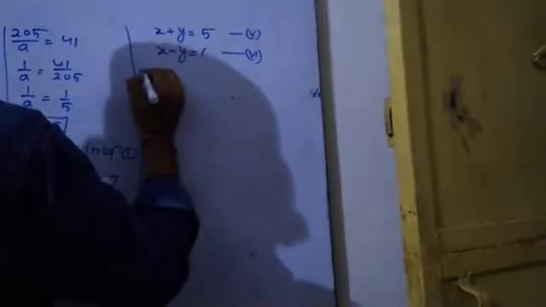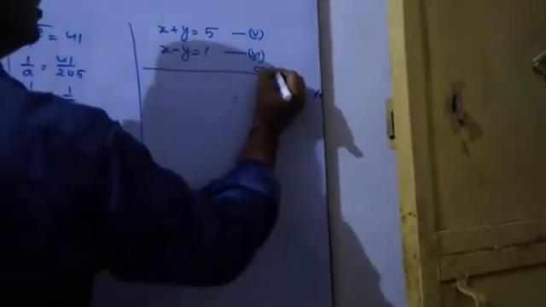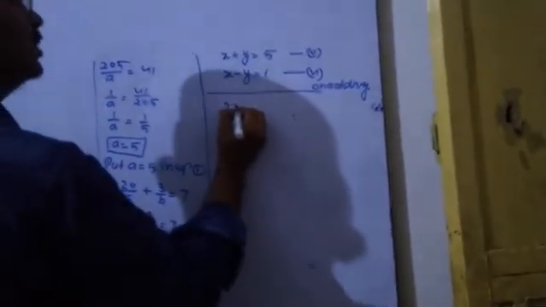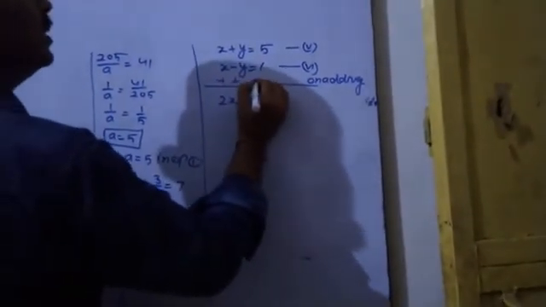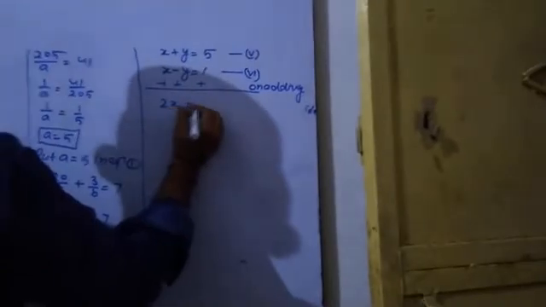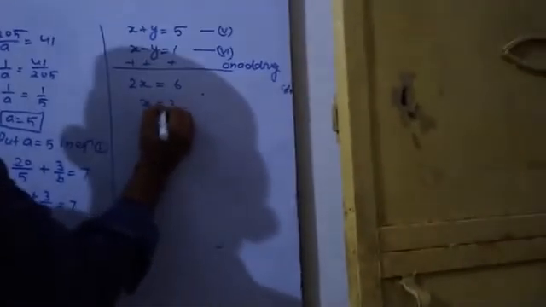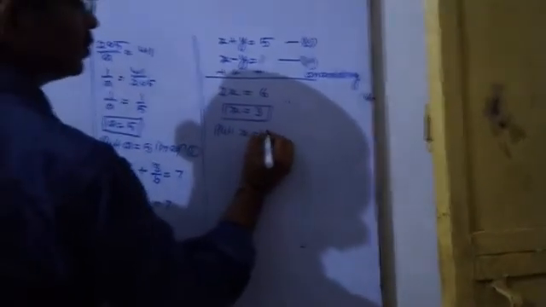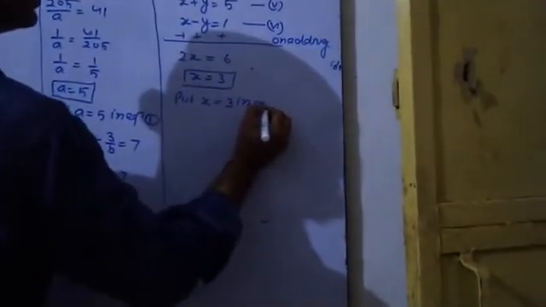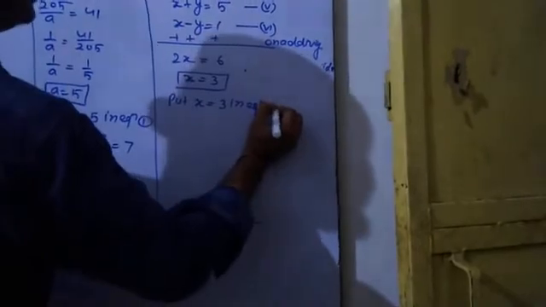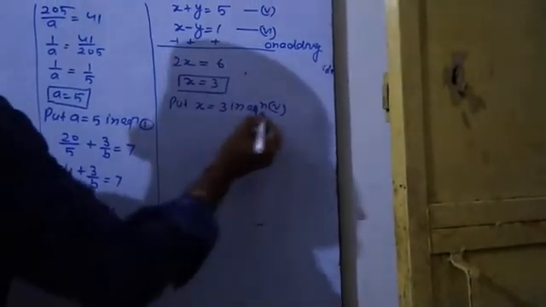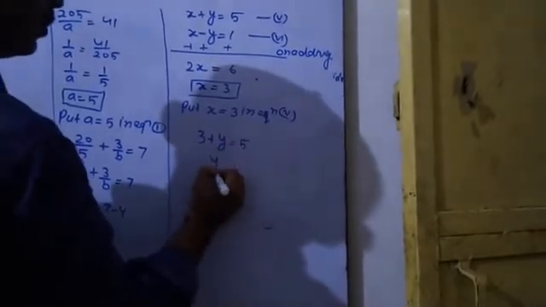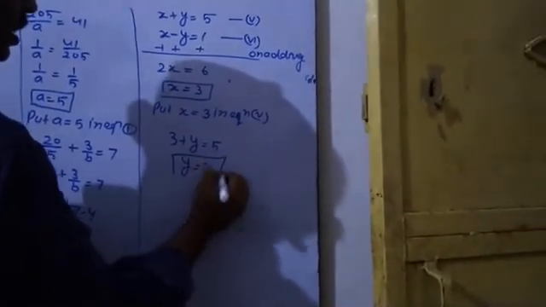On adding, 2x equal to 6, x equal to 3. Put x equal to 3 in equation 5: 3 plus y equal to 5, y equal to 2.